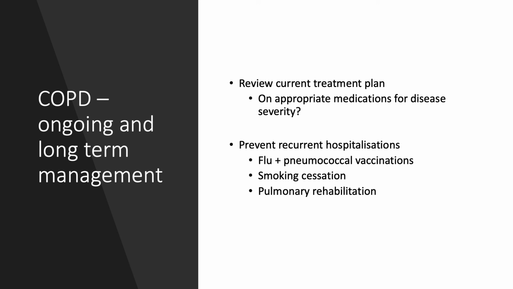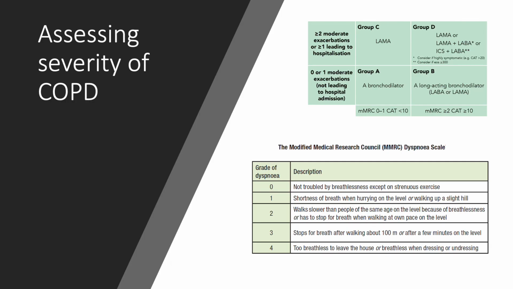Also look at preventing recurrent hospitalizations in the future, so encouraging them to get their flu vaccines and pneumococcal vaccines. Encourage smoking cessation every time that you see them, even if you know it might go in one ear and out the other. It's important to just keep mentioning it as many times as possible, and also looking at pulmonary rehabilitation.